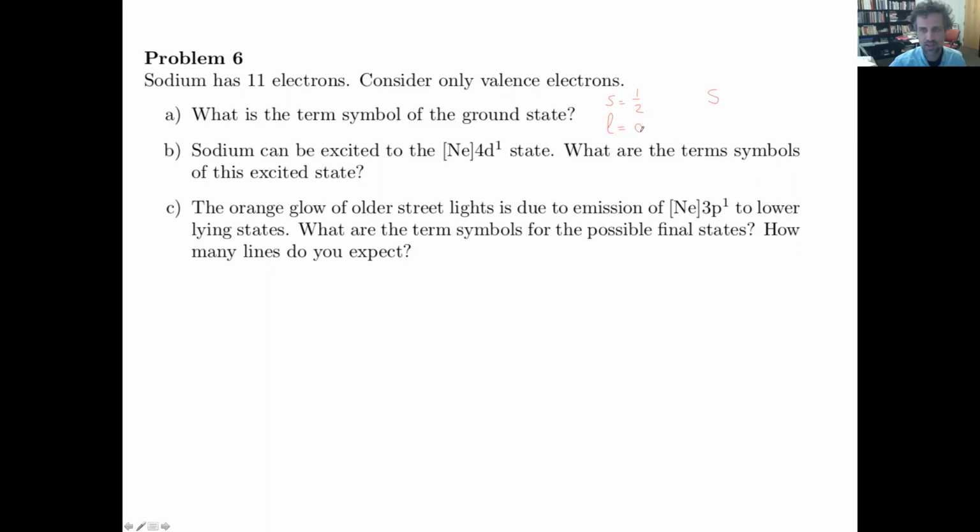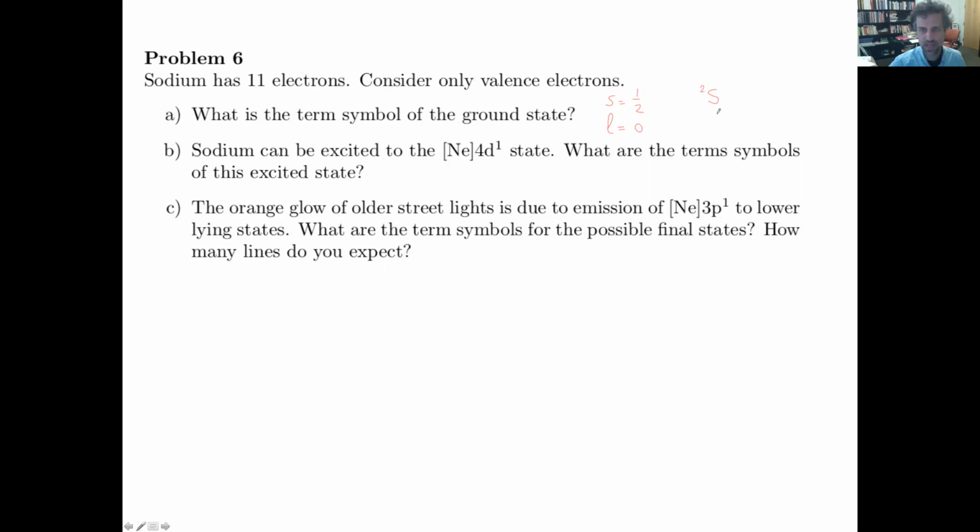So the term symbol, therefore, is an S symbol, because L equals 0. There's only one electron. That stands for total orbital angular momentum being 0. Then the multiplicity, which goes up here, is going to be 2S plus 1. That's going to be 2, right? And then the J value below is going to be the combination of these two.